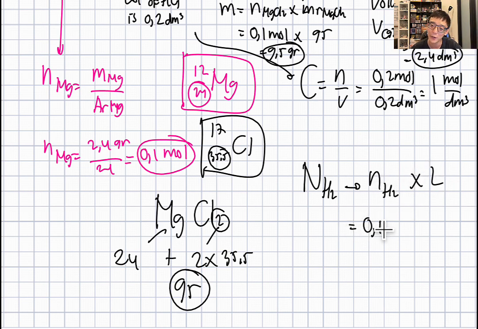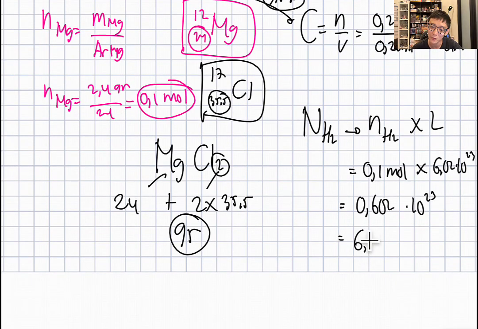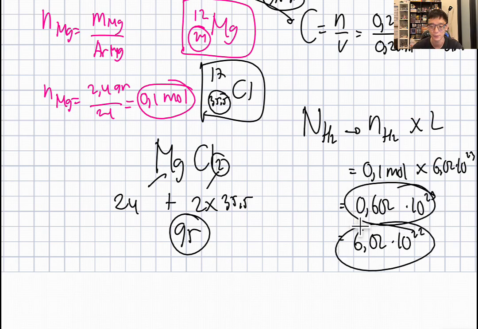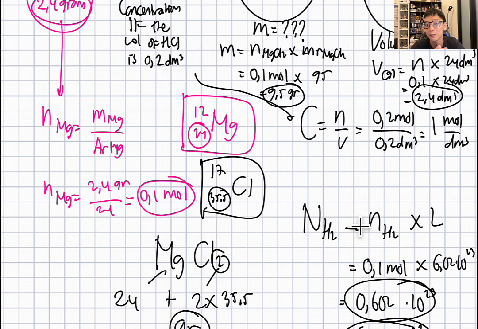So 0.1 mole multiplied by 6.02 times 10 to the 23 will be 0.602 times 10 to the 23, or you can make it a standard form like this also. So these answers are acceptable for me. So these are all about the mole concept, still about the mole concept.